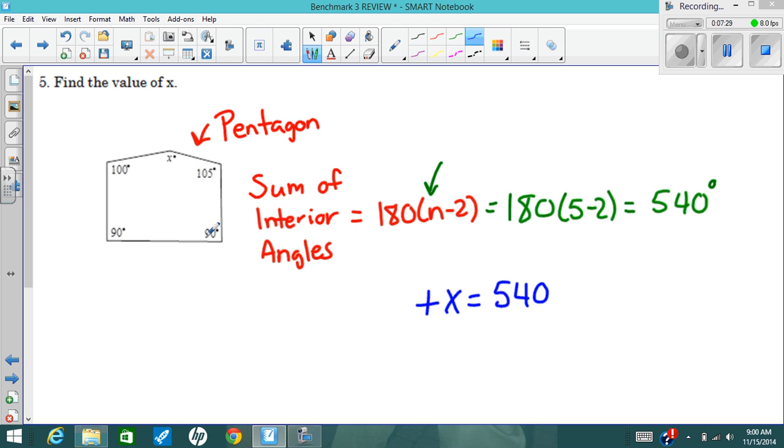So when I do this, this is 180, 280, 385. So this 385 is all 4 of these angles added up, plus x, the angle we're looking for. We subtract 385 on both sides, and we get that x is, let's see here, do some quick mental math, 155.